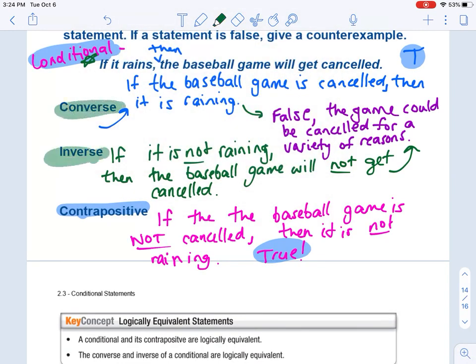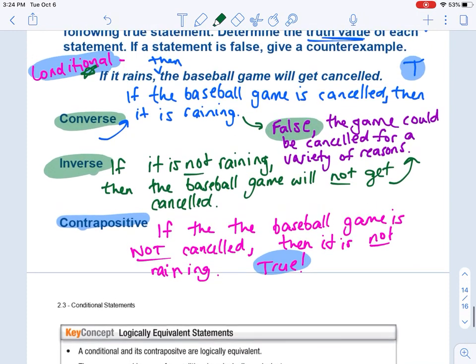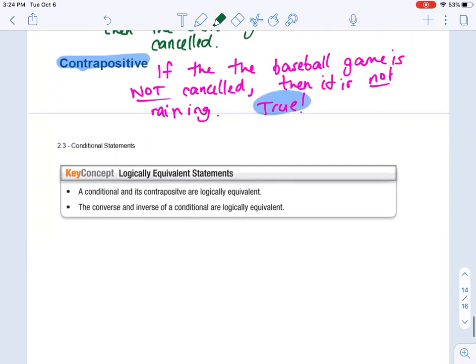And our converse and inverse will always have the same truth value as well. So, if you know your conditional is true, then your contrapositive must also be true. If you know your inverse is false, you know your converse must also be false. Now, they could all be true, they could all be false, but you know those have to be pairs. They are logically equivalent.